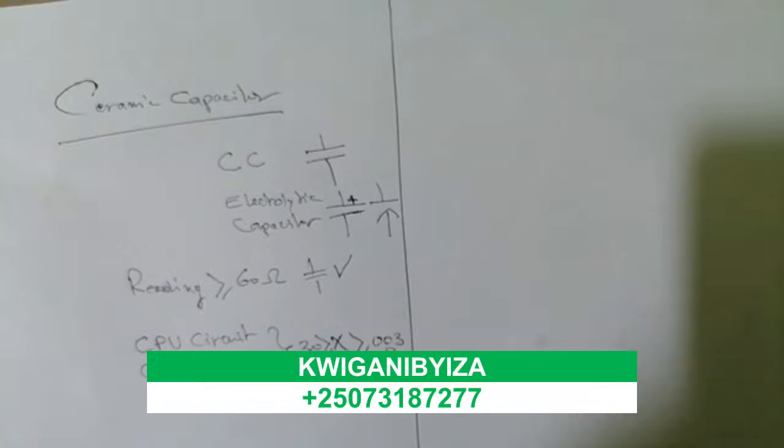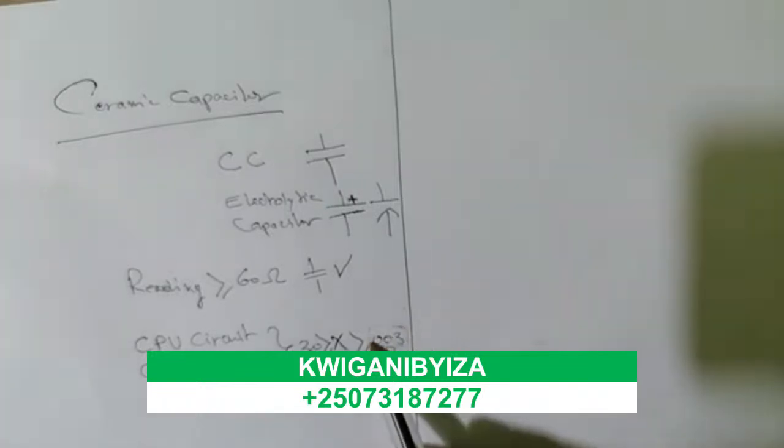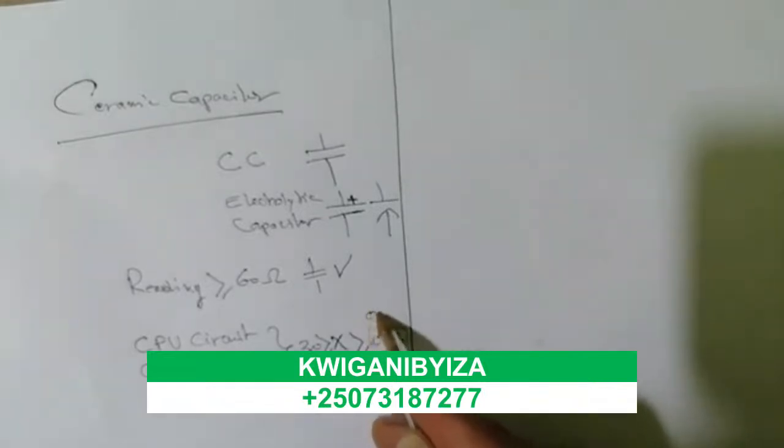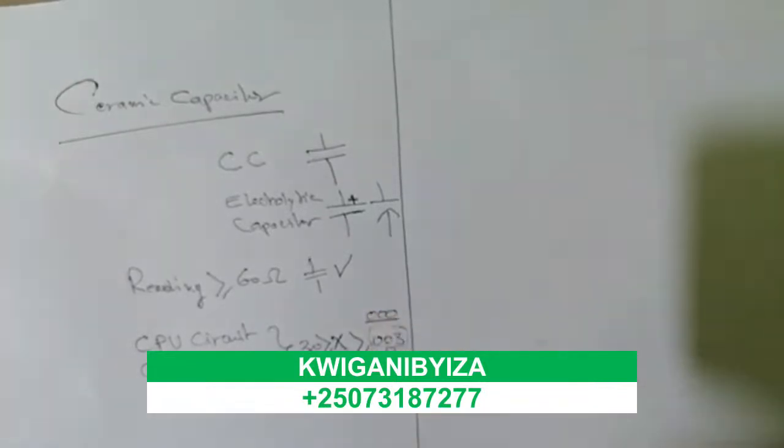If it's the CPU, if you can remove it and check, it will be better. But if the chipset is integrated, a low value doesn't mean a short circuit unless you find 3 zeros. If you find 3 zeros, it automatically means you have a short circuit.